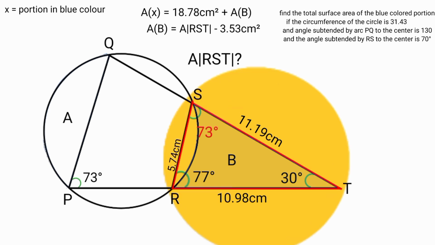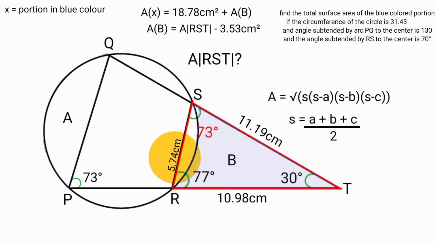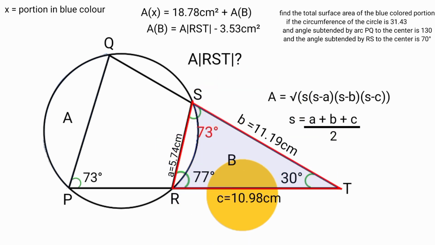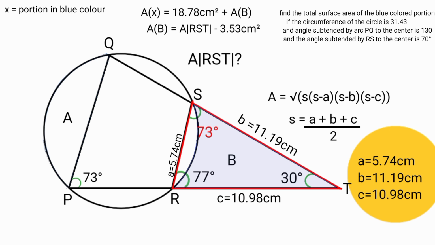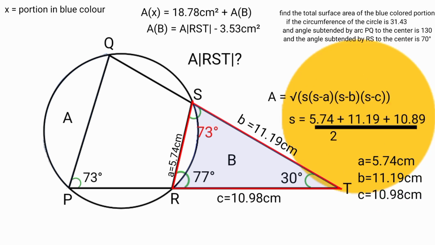So using Heron's formula now, we can let this equal A, this B, and this C. So now A equals 5.74, B equals 11.19, and C equals 10.98. Substituting here now, S equals 5.74 plus 11.19 plus 10.98 all over 2, which if you press your calculator equals 13.955.